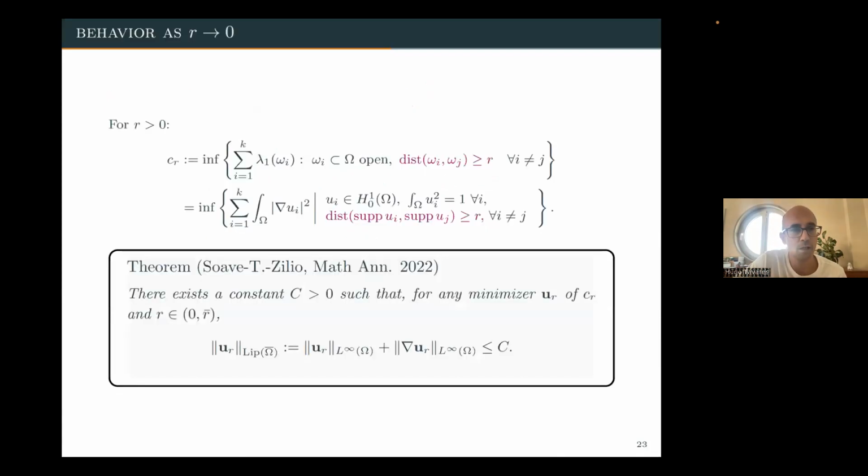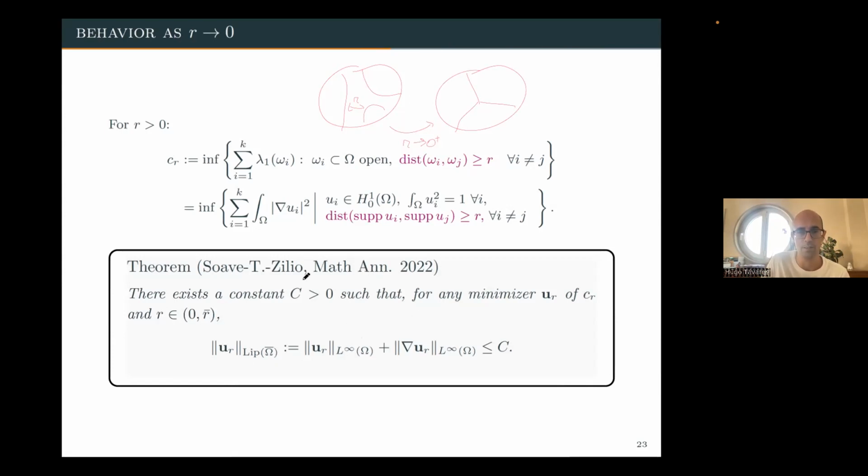Okay, so finally, our last result concerns the case of connecting the non-local case, the long-range case, where you have a distance, to the one about which we know everything. Okay, when r goes to 0, can we in some sense relate these two problems? And the answer is yes. And this is the content of the second paper. So just to remember, CR was the energy associated to this side. The optimal regularity was Lipschitz, and we can prove uniform optimal bounds when R goes to 0.